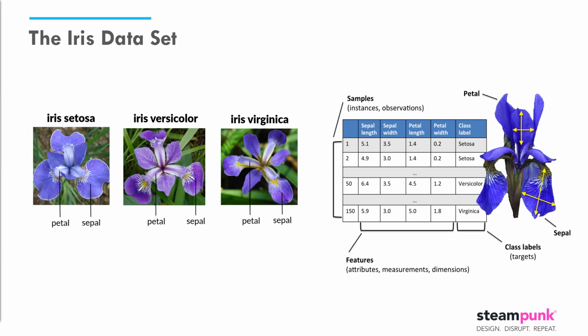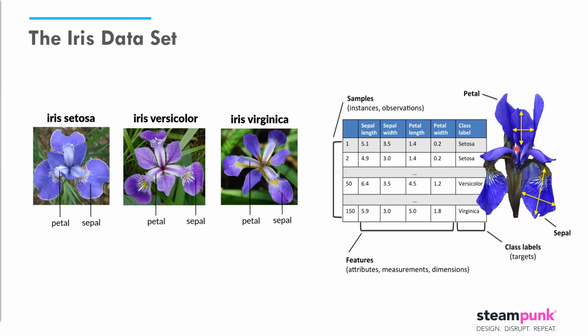So the first thing that any ML experiment needs is a business use case and enough data to draw conclusions. For this experiment, we're using an example from biology. We want to develop a model that can identify the species of iris flower based on the measurements of its petal and sepal. On the left here, we have 3 of the species of iris that we are looking at: Setosa, versicolor, and virginica.